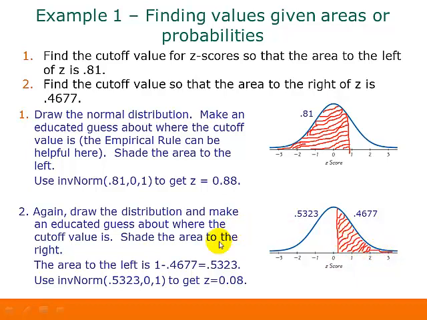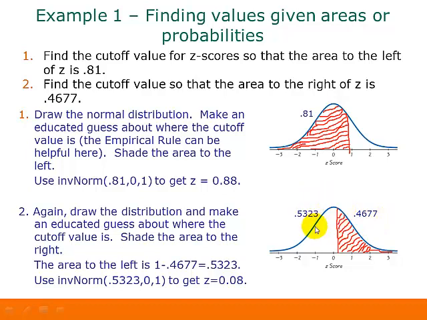Now, because of the way the inverse norm function works, it won't tell us the value if we're going to the right. So if we have a situation like this, we have to figure out what the unshaded portion of the area is in order to use our inverse norm function. So we have 0.4677 on this side for the area.